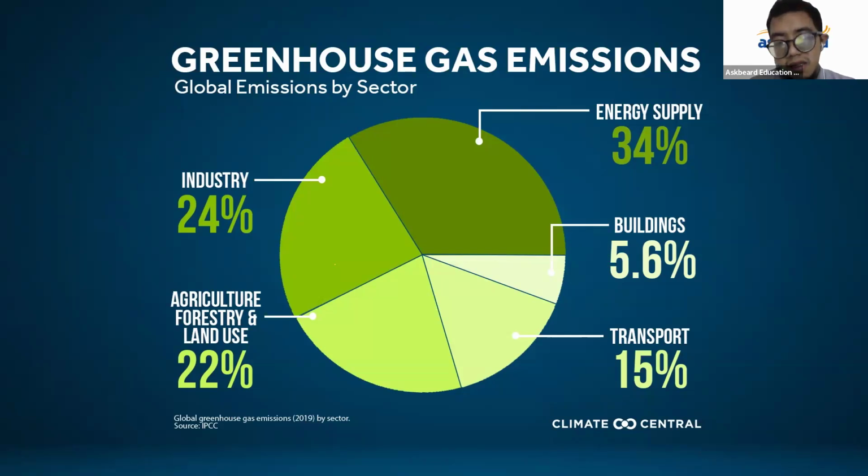The vegetation stores a lot of carbon, and when vegetation is changed to non-vegetation, there will be interaction between the carbon and oxygen. So there will be carbon emissions, or CO2, carbon dioxide. So agriculture, forestry, and land use give one of the factors of global emissions.